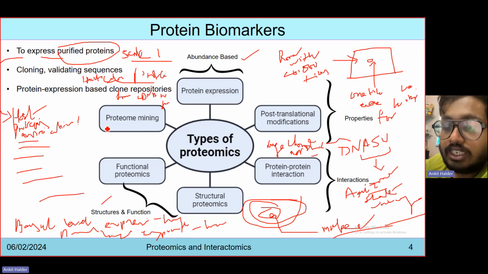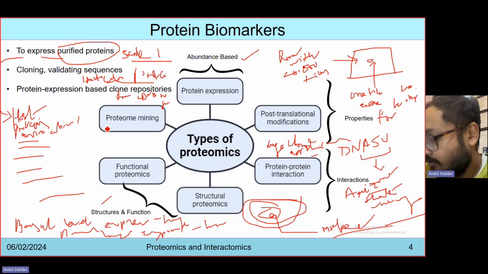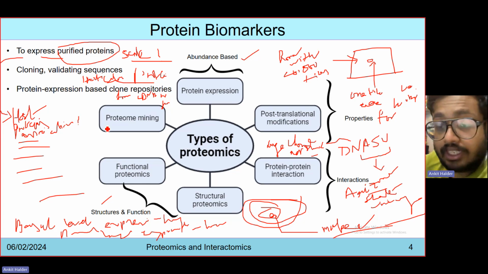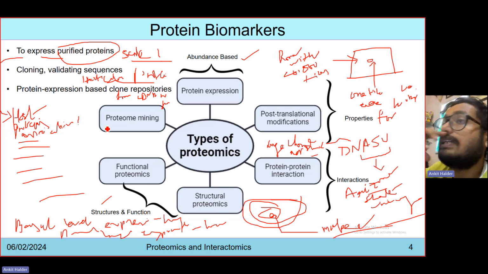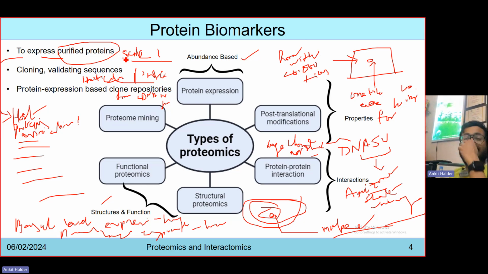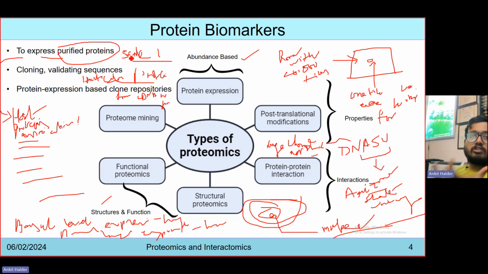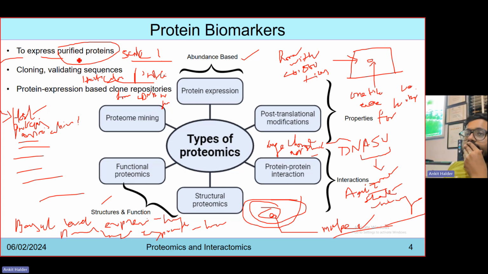Whether it is abundance based or function based, the major challenge in the protein is to have the expression of the purified proteins. You can ask me: to express and purify proteins, then clone and then validate sequences, all these systems are in a way cell-based systems.